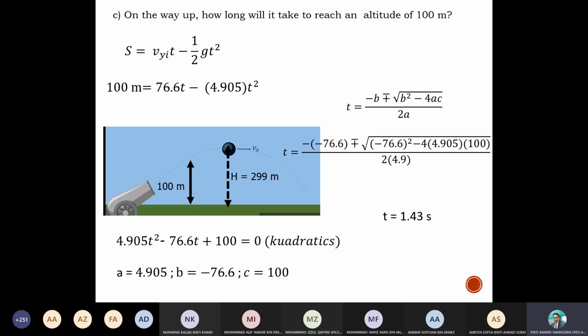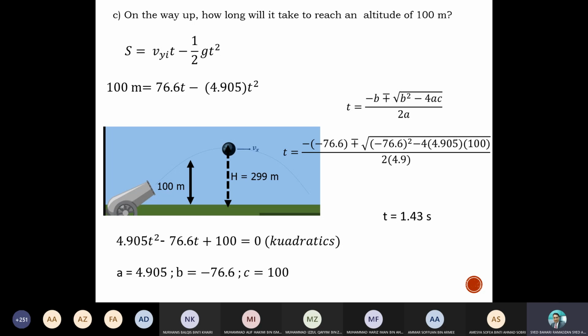So that's why 1.43 is on this side. For this side you will get more than 3, maybe 4 seconds. So basically both are positive, and they have the same 100 meter, because of the symmetry. For a parabola, the shape is symmetrical; the left side is the same as the right side.